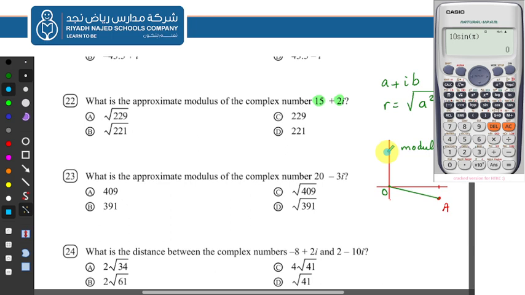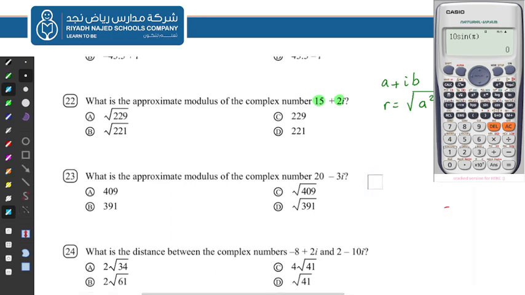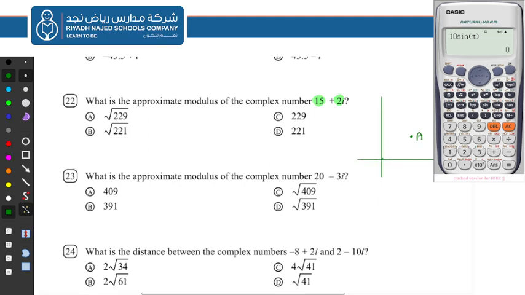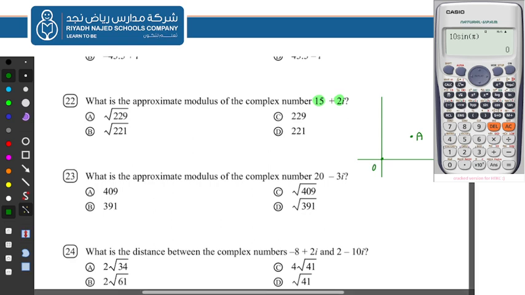The meaning of the modulus, if you consider a complex number, what's the modulus of a complex number? So a complex number can be represented as a point. Let's say this is the point in the coordinate system. This is the origin. The modulus is just this distance between the origin and the point. We generally use R for the modulus.